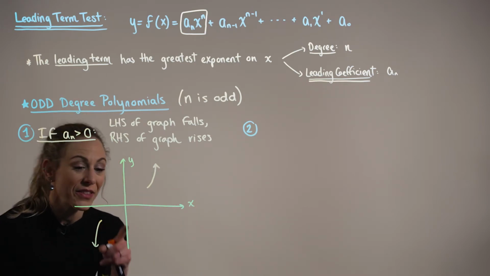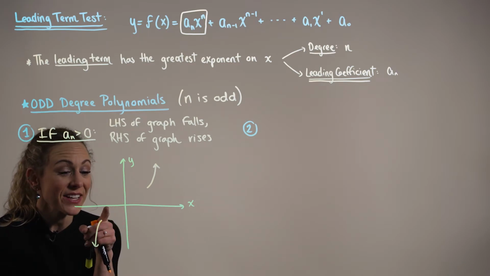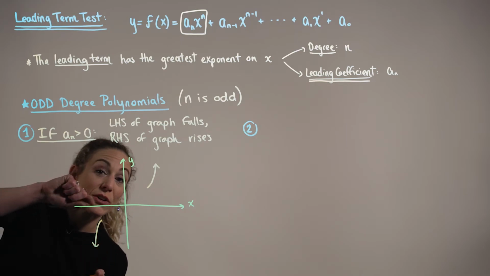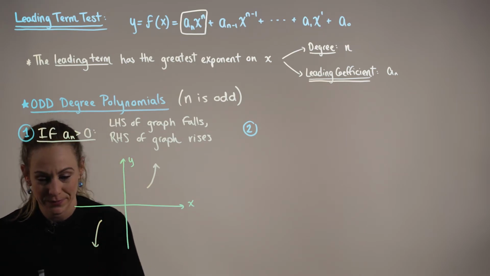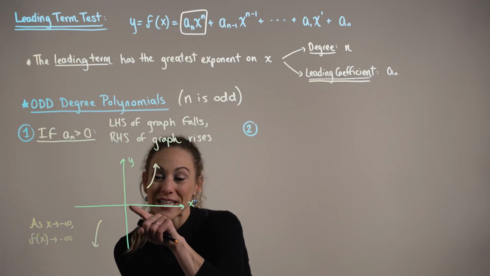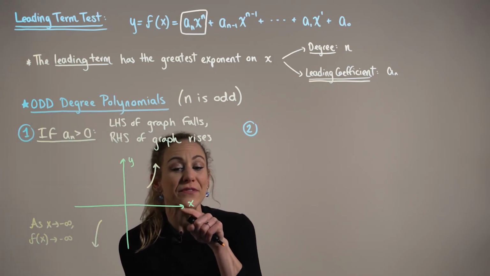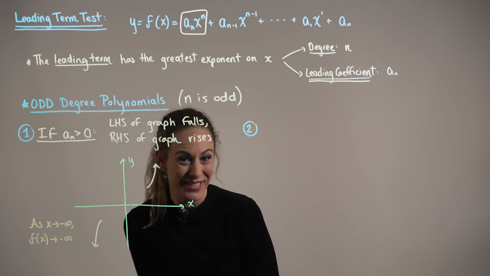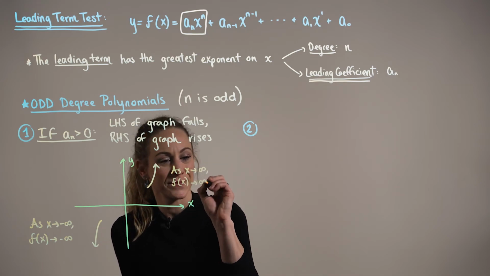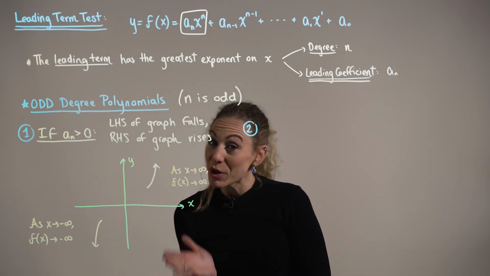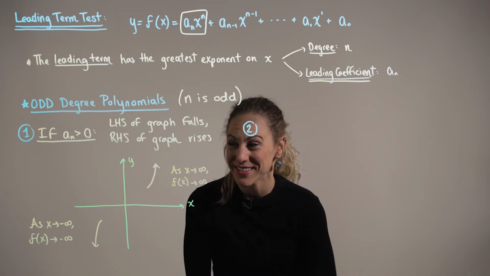So looking on the left, we can see that as x is approaching negative infinity, the corresponding y values are decreasing without bound. And over on the right-hand side, we can see here that as x is growing infinitely big, the corresponding y values are also approaching positive infinity. Now, this is the case for positive leading coefficients. And what about the case for negative leading coefficients?